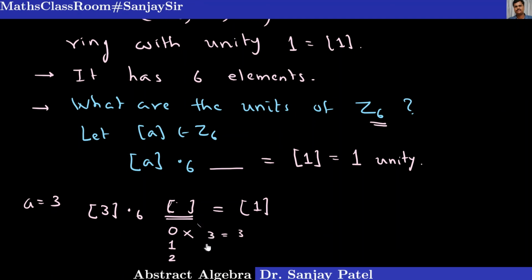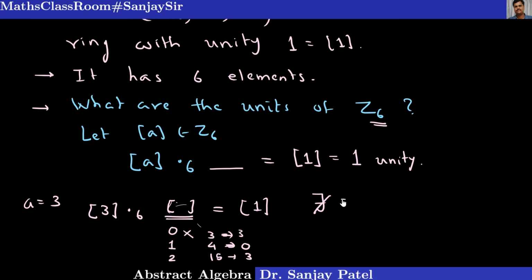Same way, if I put 4, 3 4s are 12, but 12 is 0. And if I put 5, finally, 3 5s are 15, and 15 is congruent to 3 modulo 6. So for no element here do you get the answer 1. So that does not exist.